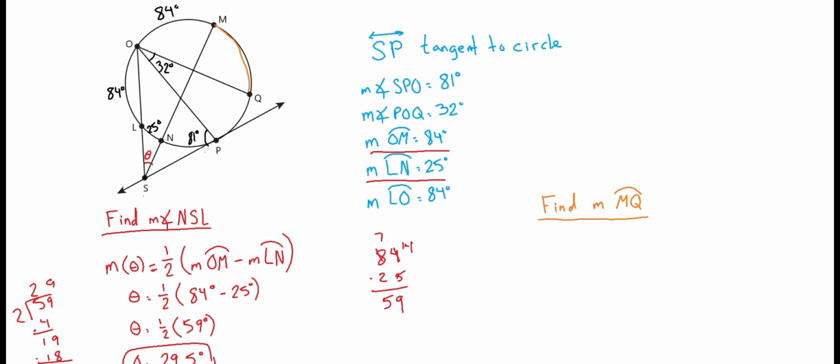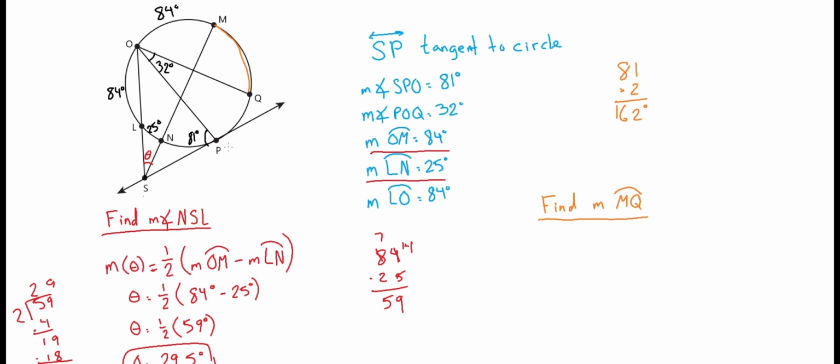OP would be 2 times the angle SPO, because SPO intercepts this major arc OP. 2 times the measure of angle SPO, which we already know is 81 degrees. OP would just be 81 times 2, which would be 162 degrees. So OP is 162 degrees.